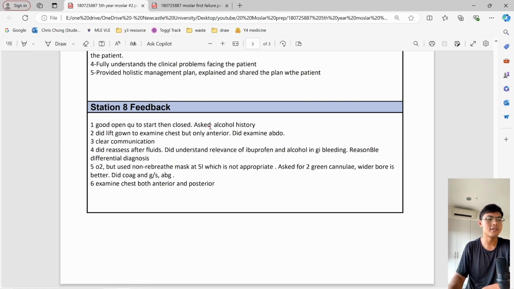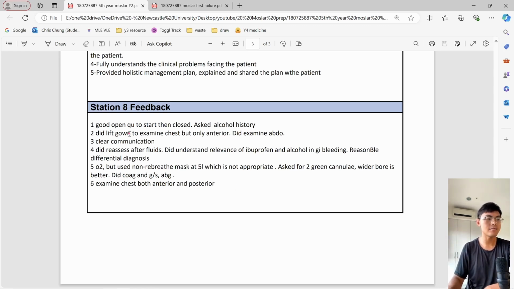So I asked for alcohol history, examined only the anterior, and apparently she wanted me to examine the back of the chest. Personally, I disagree with that because there's no time to ask the patient to sit forward and listen to the back. But if you've got time, or if you wish to do that, go for it.